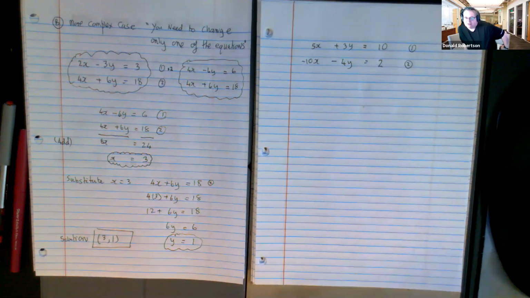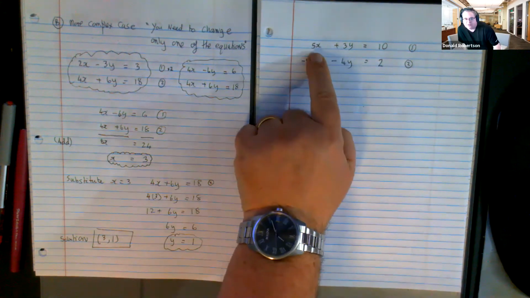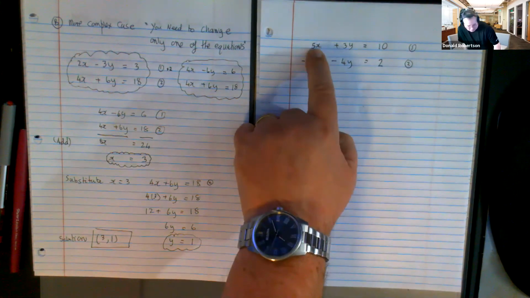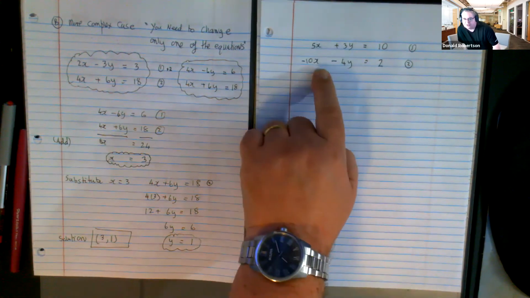Looking at this pair of equations, if I tried to add them right now, would you agree it wouldn't work? The x's wouldn't kill each other off, the y's wouldn't kill each other off. If you look a little closer, wouldn't it be easier to kill off the x's in this case? Isn't it 5x if it was 10x? Wouldn't they cancel quite easily? Wouldn't it be much more difficult to make the 3's cancel out?